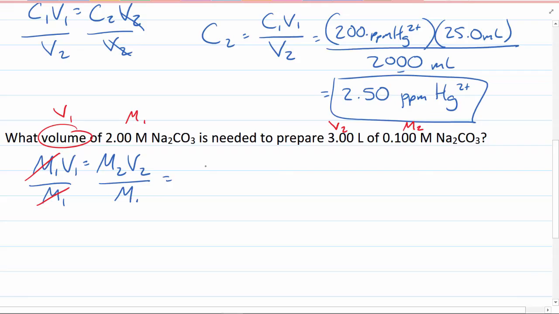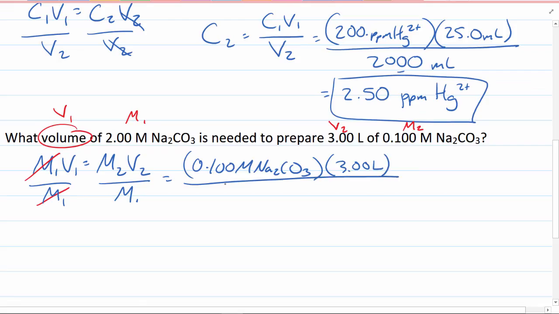We go ahead and plug in the numbers. M2 is 0.100 molar sodium carbonate. We have a volume of 3.00 liters. We divide this all by the 2.00 molar sodium carbonate. And what happens to units?